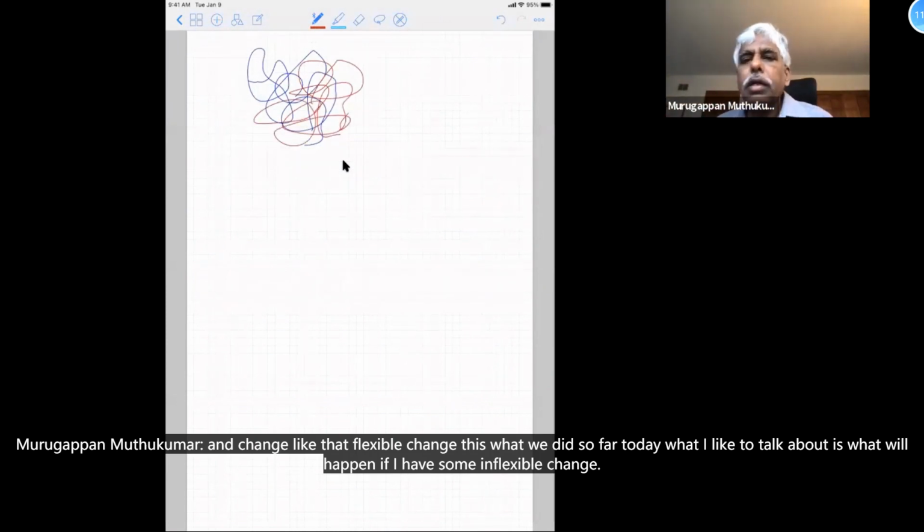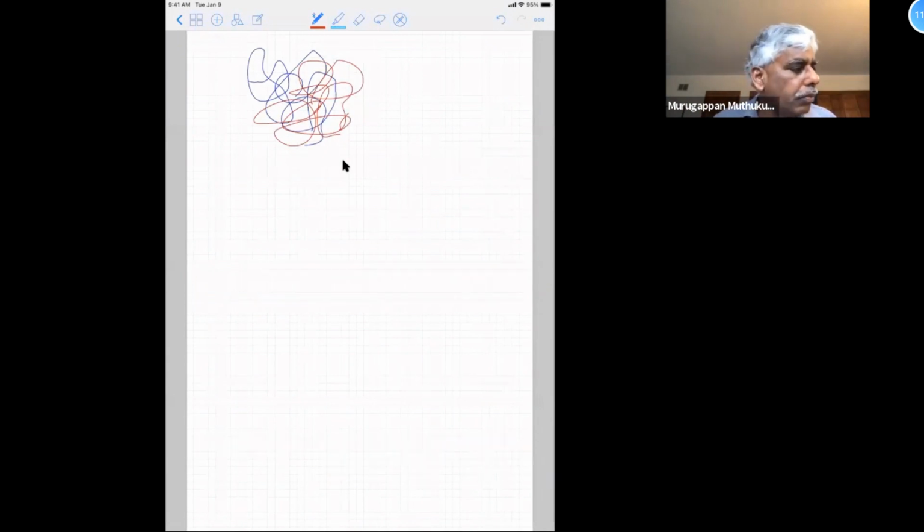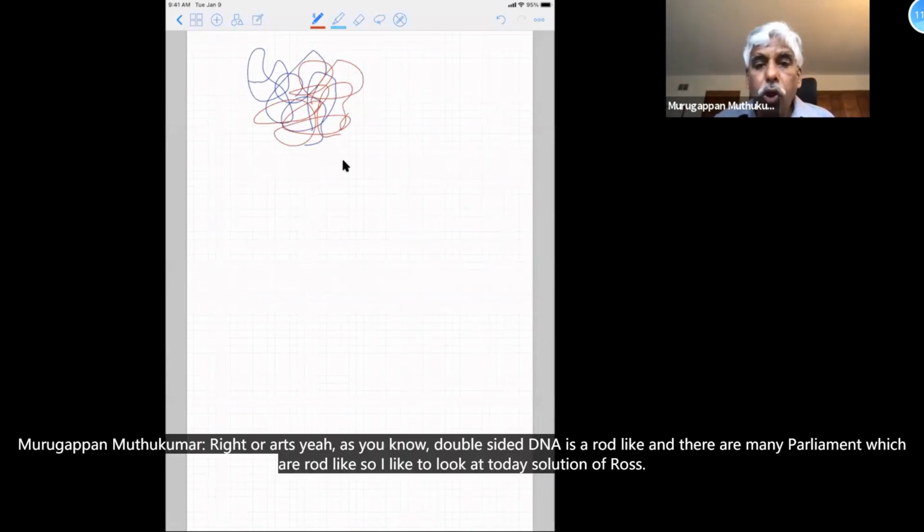Today, what I'd like to talk about is what will happen if I have semi-flexible chains, or rods. As you know, double-stranded DNA is rod-like, and there are many polymers which are rod-like.